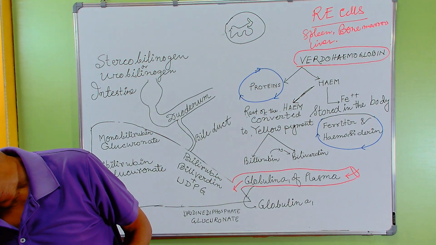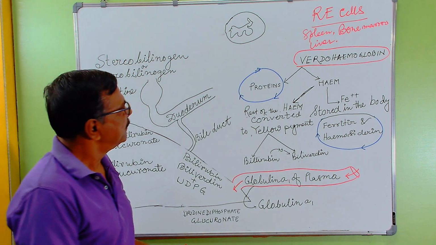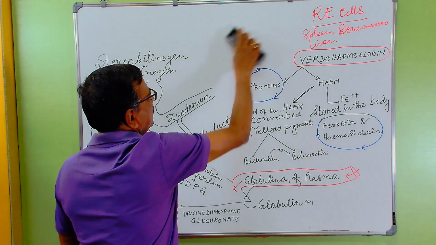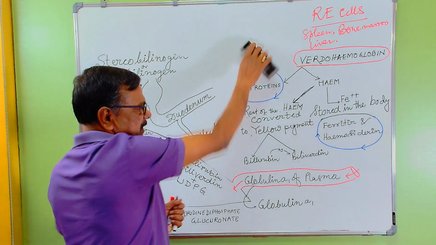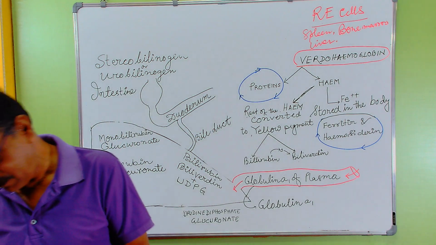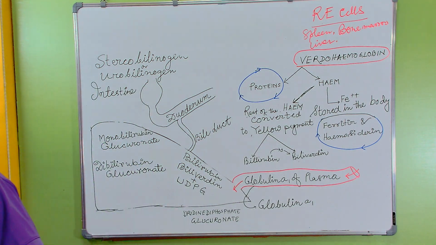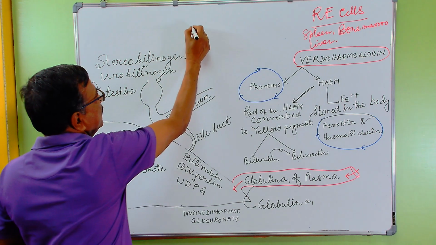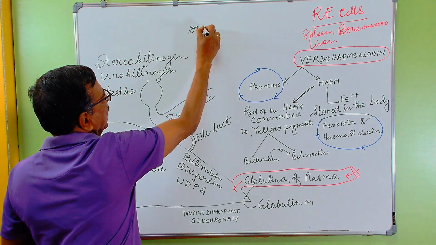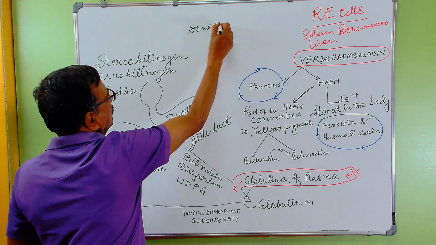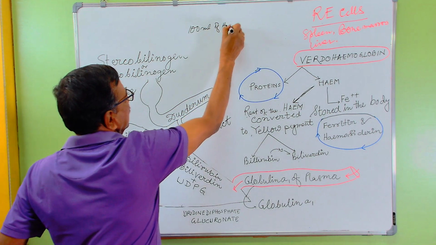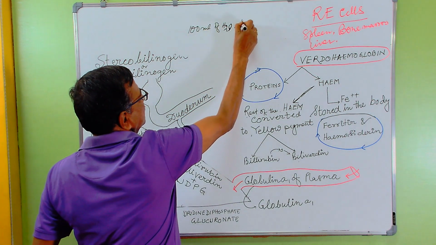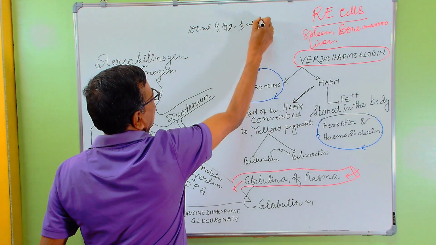Hemoglobin is the vital component of this RBC. What is the capacity of hemoglobin? Say if you put 100 ml of water, it can carry 1/3 ml of O2.